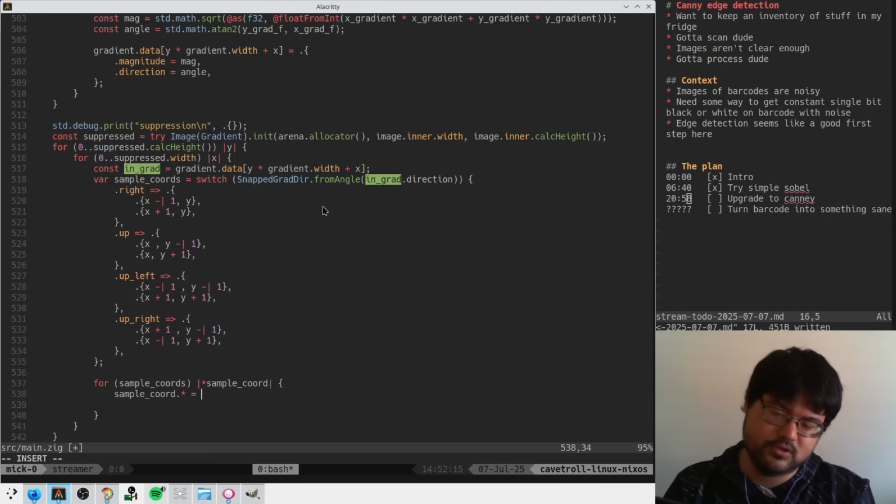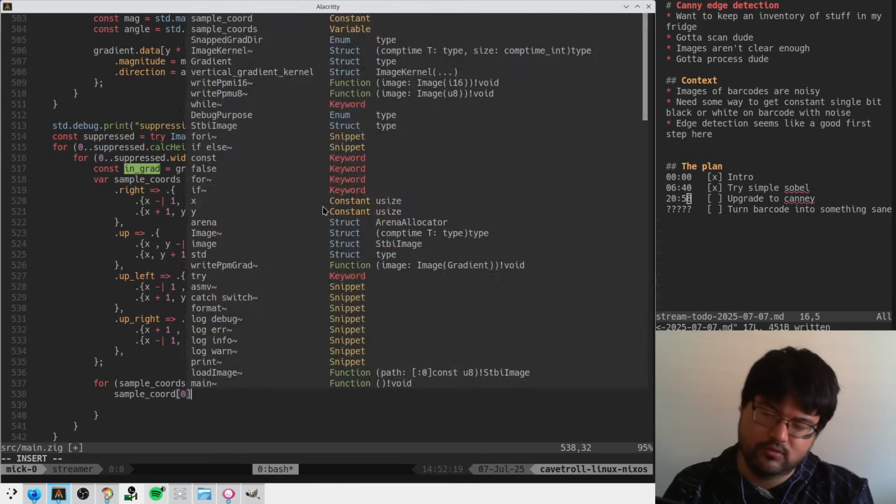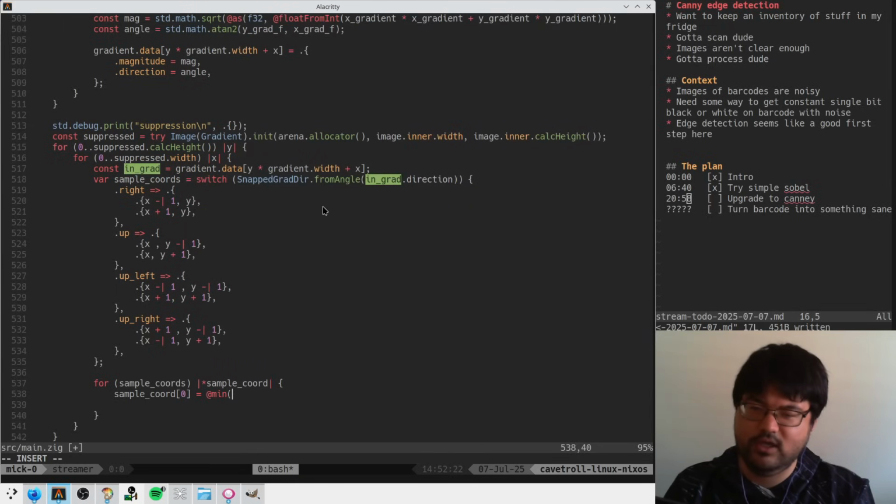Sample chord is equal to the minimum of the height, the width minus 1.